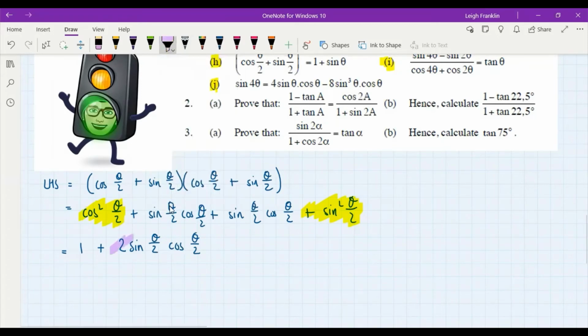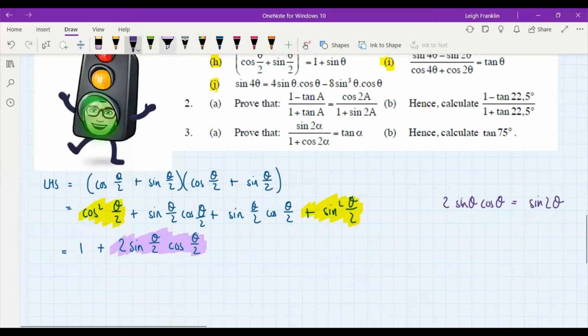Right, so this next bit, let's just do this in a different color because it's something else. This bit over here is the sine double angle identity, isn't it? Now if we have 2 sine theta cos theta, that becomes, when we go back the other way, sine 2 theta, doesn't it?